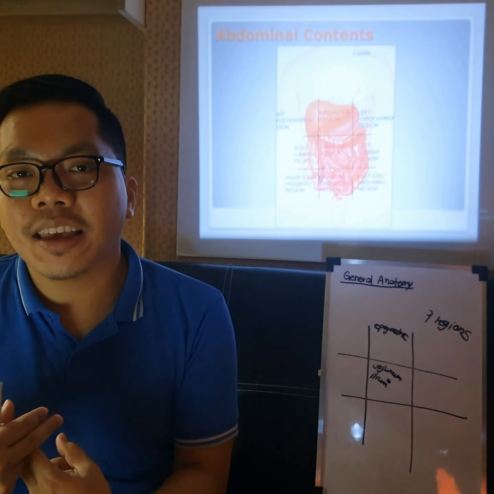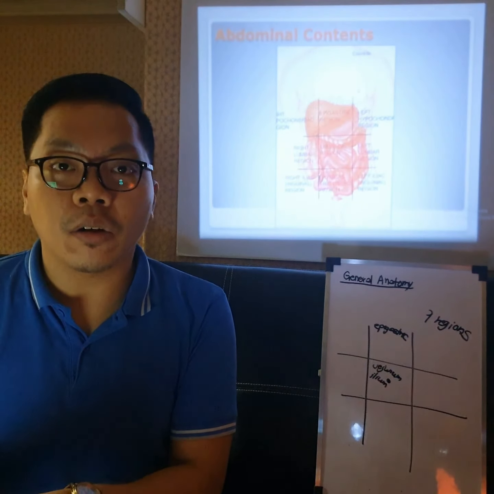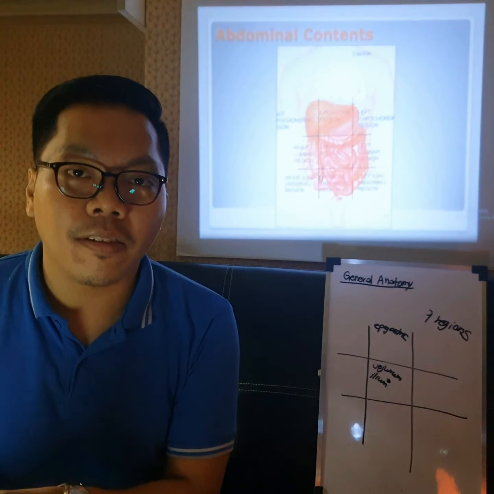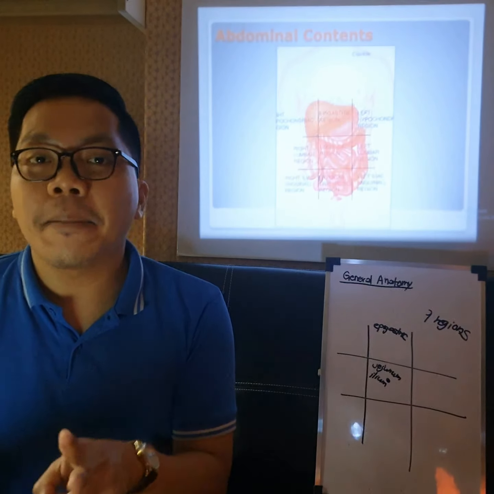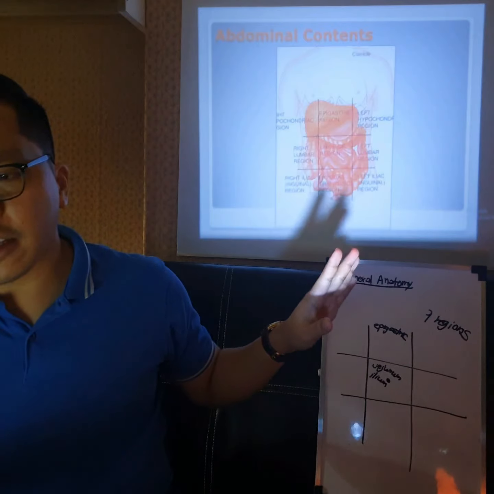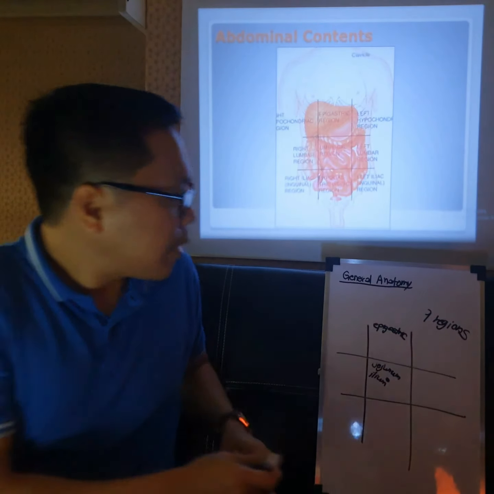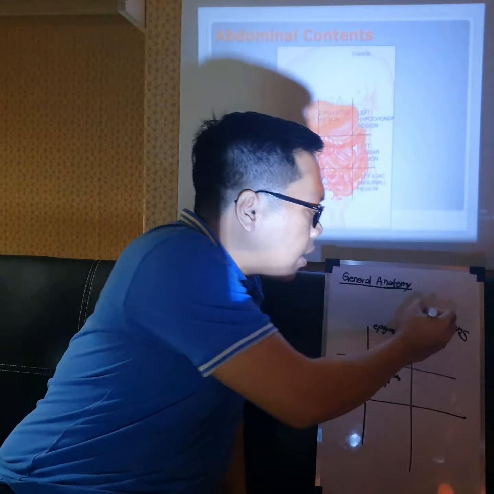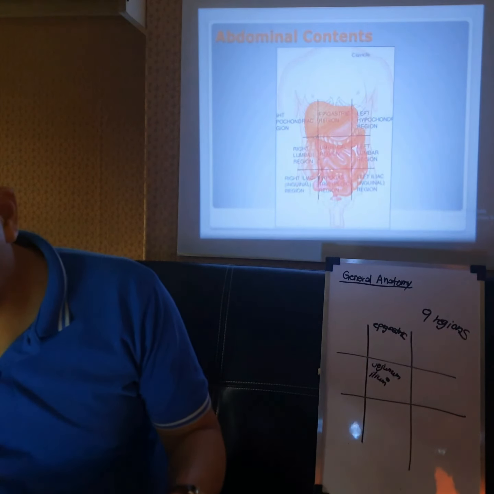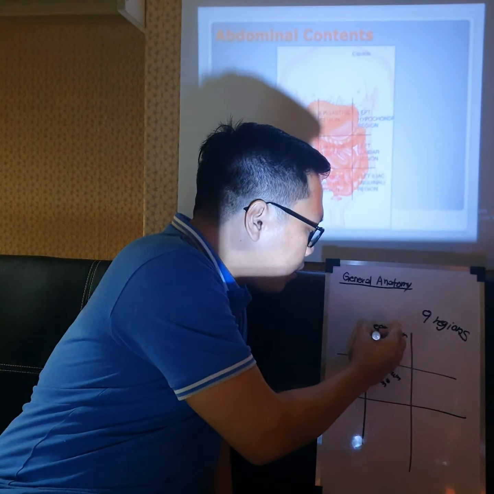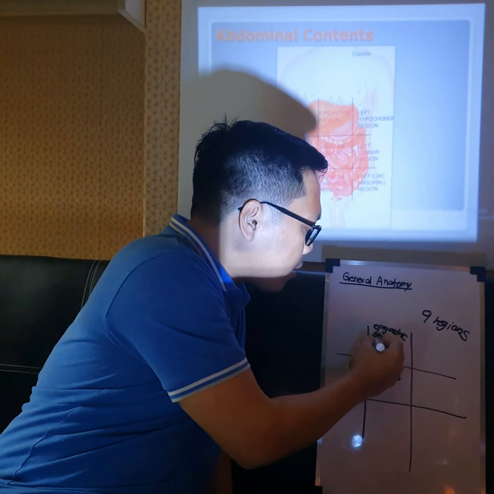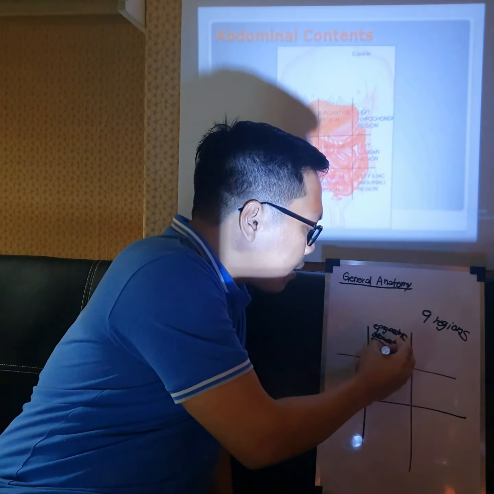So it can be stomach yung nagkakos, so it can be gastritis, or pwede rin pancreas yung nagkakos, so it can also be pancreatitis. That's why mas ginagamit itong division by regions, by 9 regions compared to the 4 quadrants natin. Okay, so again, this is stomach and also the pancreas at the back portion.